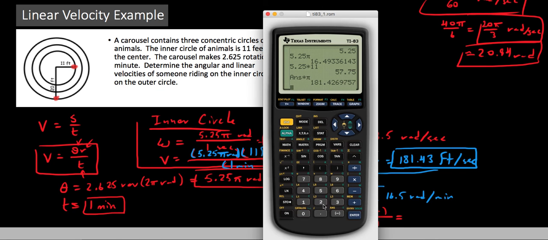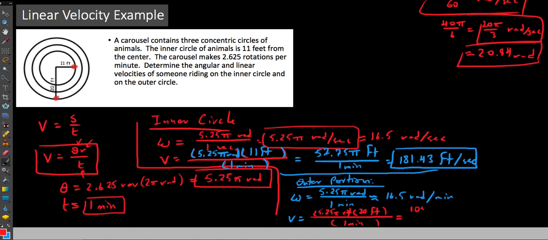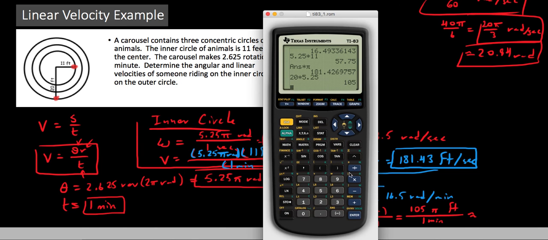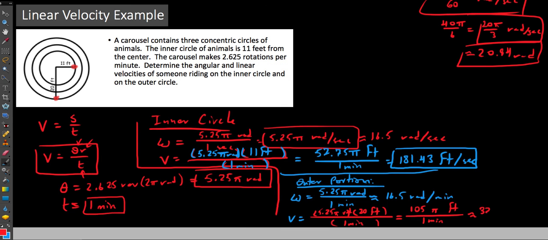Well, if we take 20 times 5.25, we get 105 pi rad feet, which is really just the same as feet since radians are unitless, and this is per 1 minute. And so to convert this into a decimal now, I suppose we would get 105 times pi. That would give us 329.9 feet per minute.